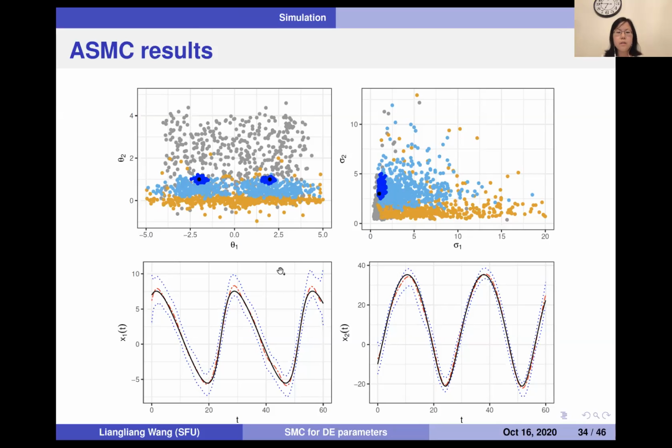In terms of the differential equation trajectories, we have the solid black curves, which are the true x1 and x2, and the dashed red curves are our estimated trajectories using the estimated basis function coefficients and the basis functions. The dotted blue curves are the 95% credible bands.